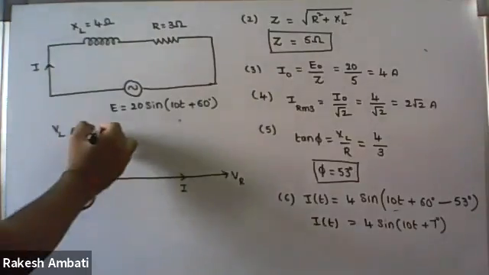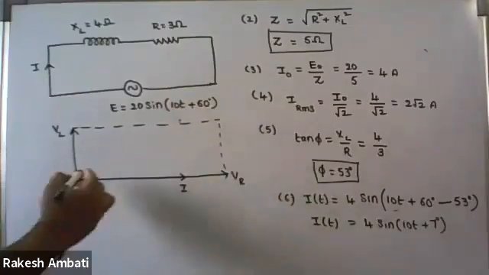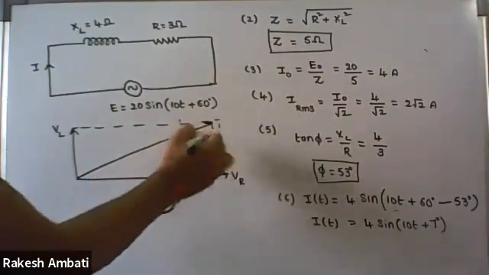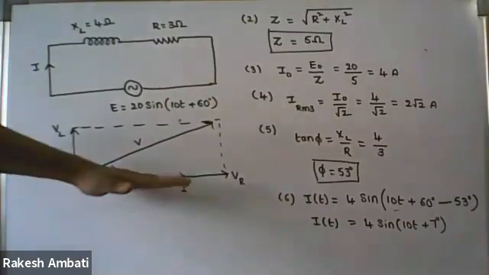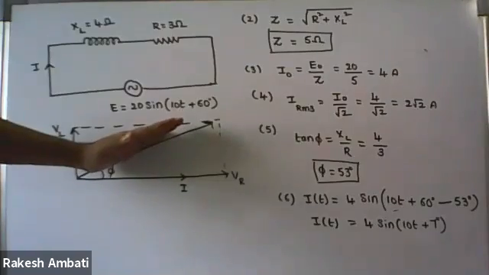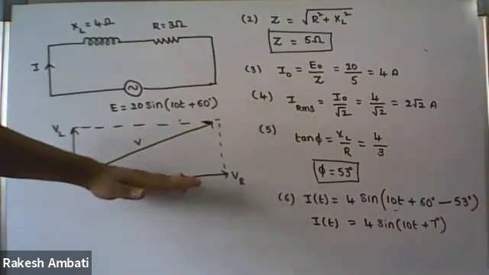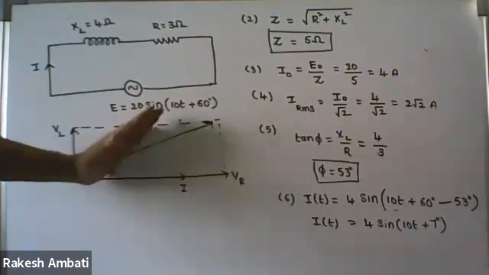Therefore, it is one voltage vector. We have drawn a parallelogram. It is the resultant voltage, and this angle is phi. So with respect to current, is the resultant voltage leading or lagging? Leading. Leading by how much angle?